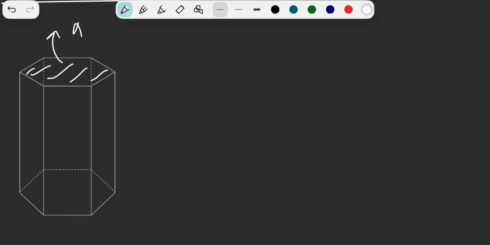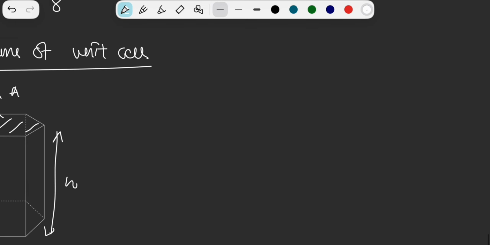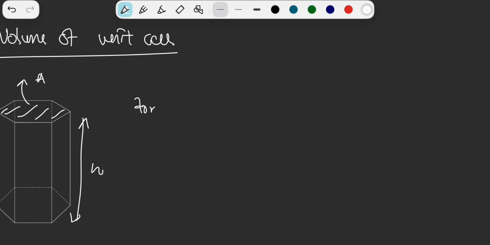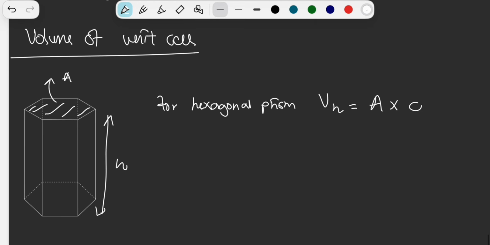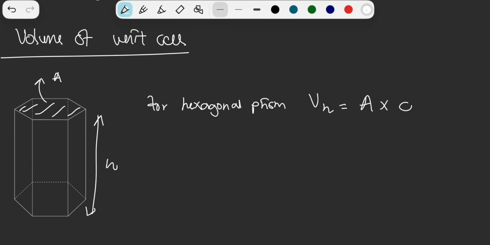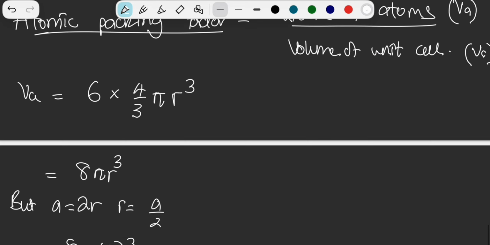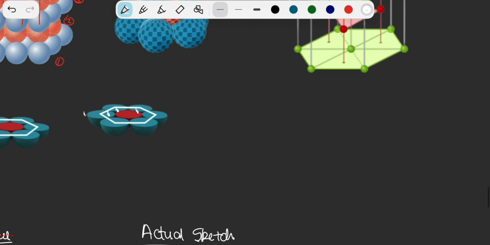So it's going to be A times the height h, right? So for a hexagonal prism, the volume is going to be surface area A times h. In this case, h is equal to c. Okay. Surface area for the top is basically going to be easy because we have triangles, right?